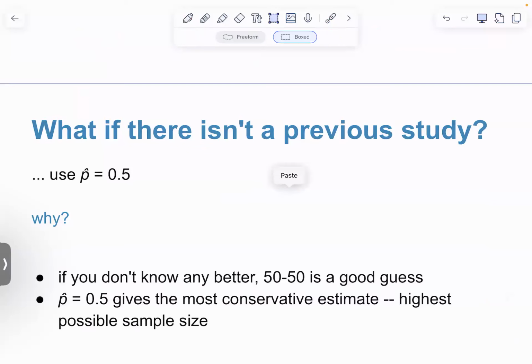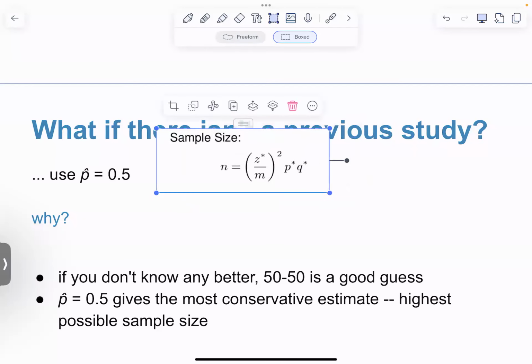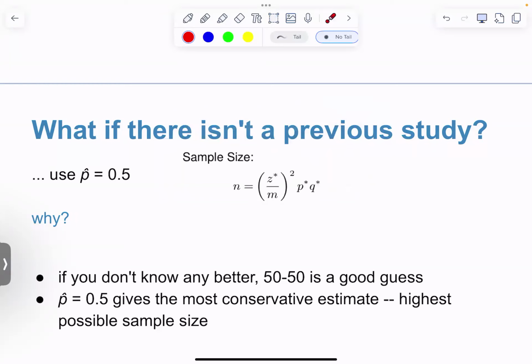So like we said, nice. In our sample size calculation on our formula sheet, wait, what if there isn't a previous study, right? So then that's why I use a P star instead, okay? But if there isn't a previous study, bless you, then you're going to use a P star of 0.5.